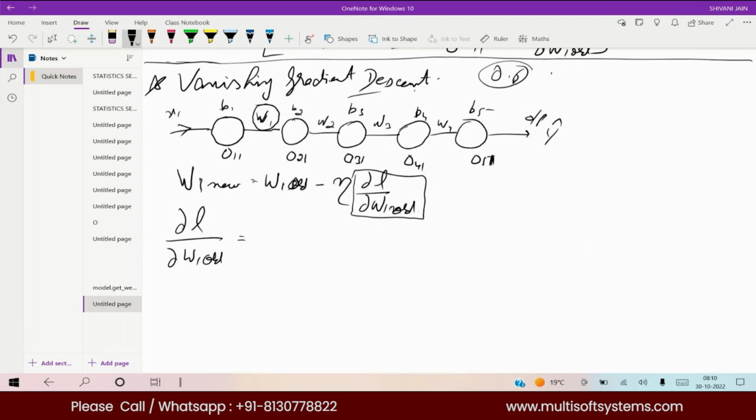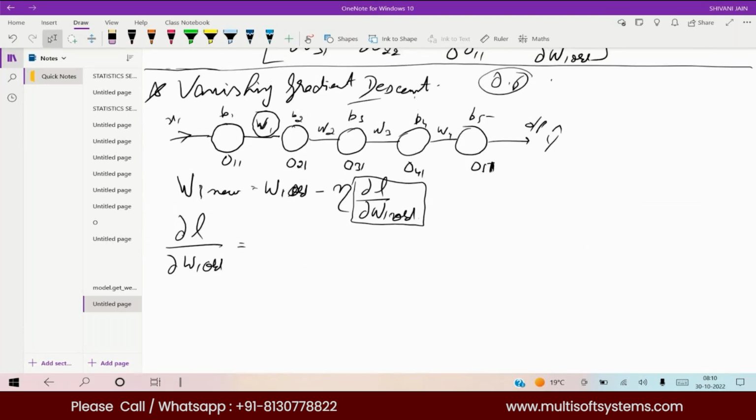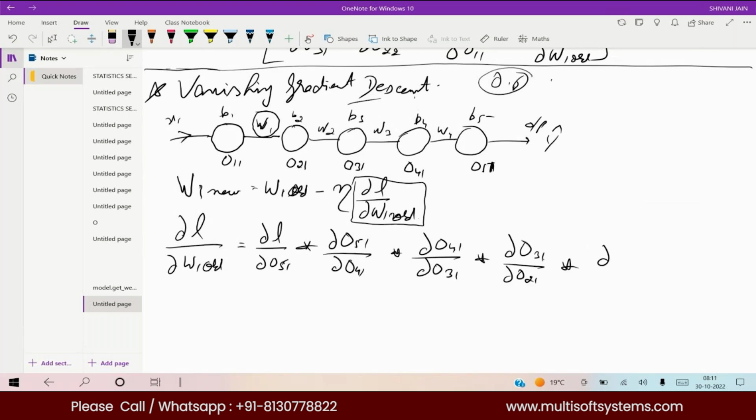So in this case, what should I write? Now tell me, chain rule of differentiation. It will be derivative of loss by derivative of O51, output 5, multiplied by derivative of O51 by derivative of O41, into derivative of O41 by derivative of O31, into derivative of O31 by derivative of O21, into derivative of O21 by derivative of O11.